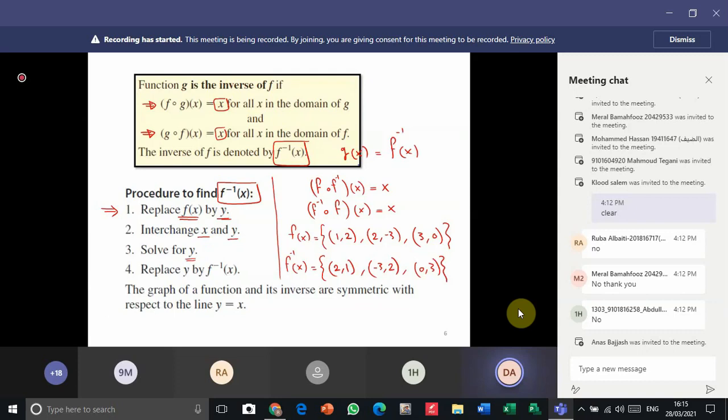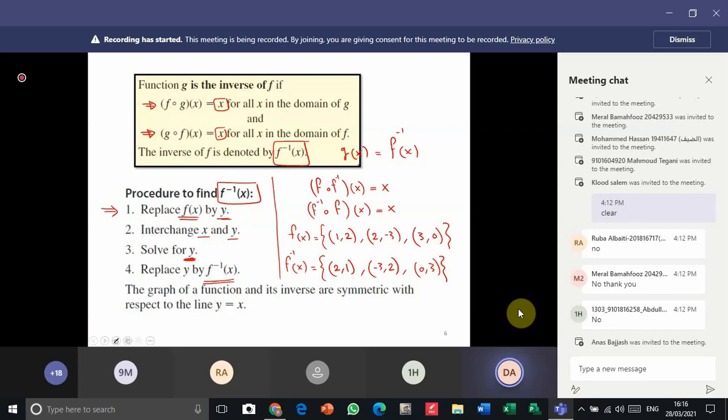Now we need to find y. So we need to keep y alone on one of both sides, without any coefficient, addition, subtraction, division or multiplication. Now, if we found y, this is f inverse. This is the value of f inverse.